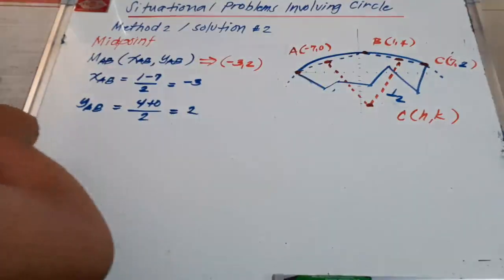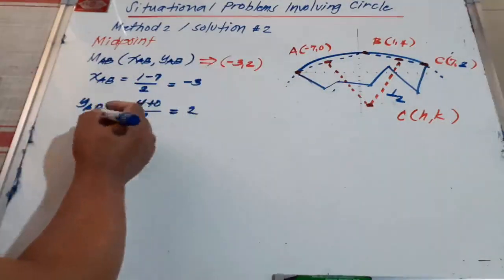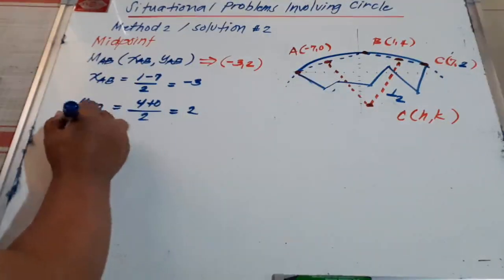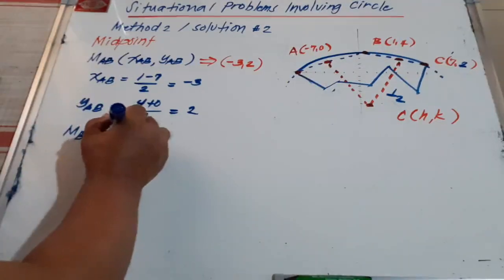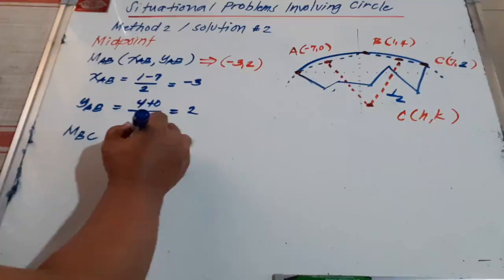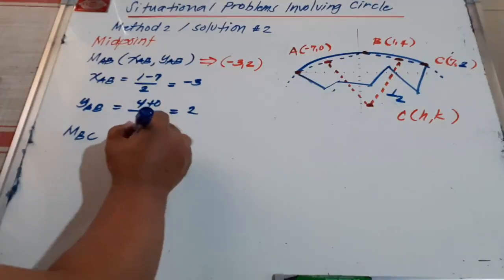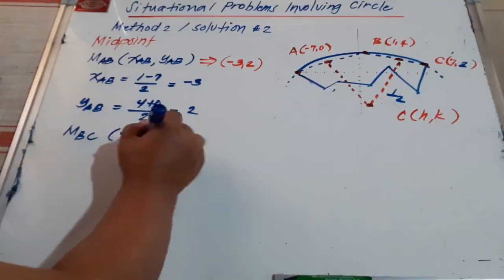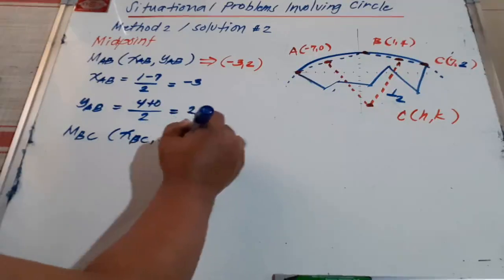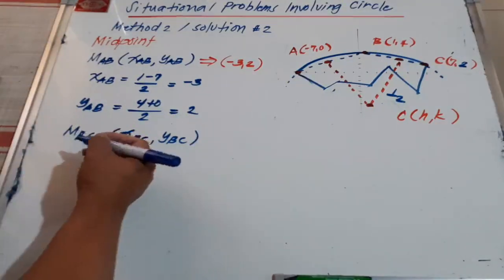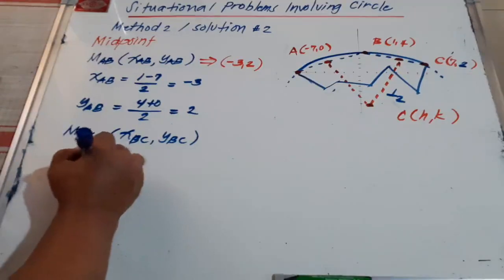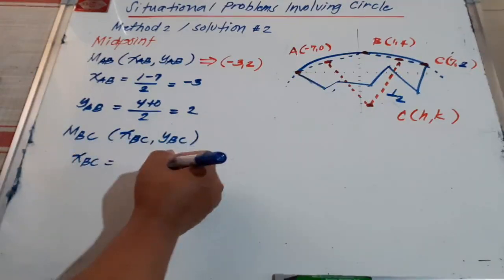Okay? Then, for the midpoint of the other segment, which is BC, we have x sub BC, y sub BC. Then, for the abscissa, x sub BC, sum of the abscissas divided by 2.